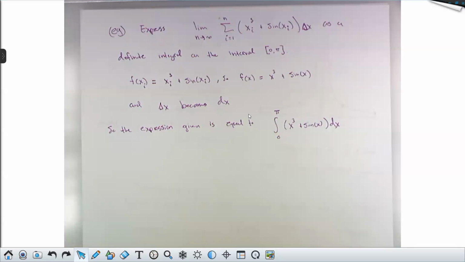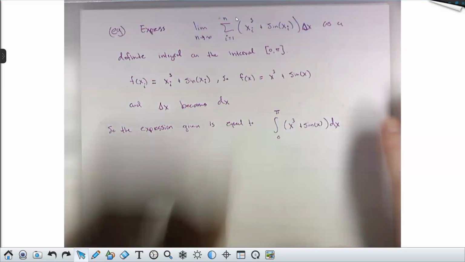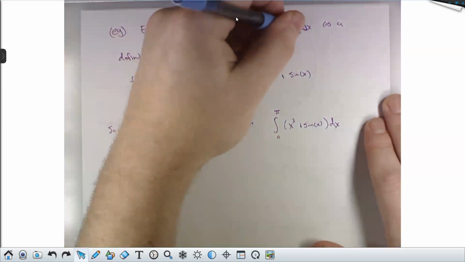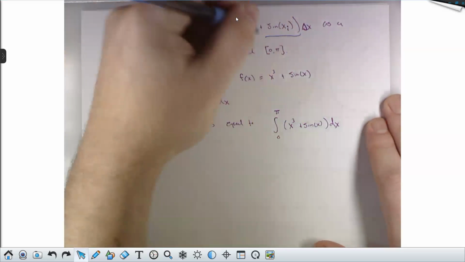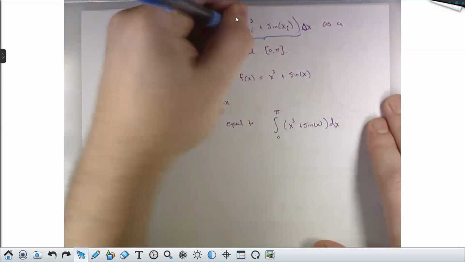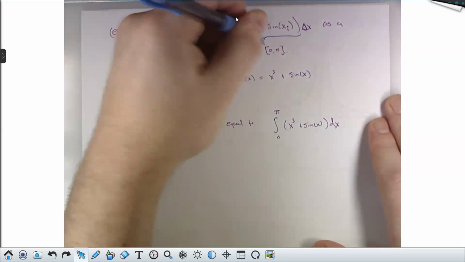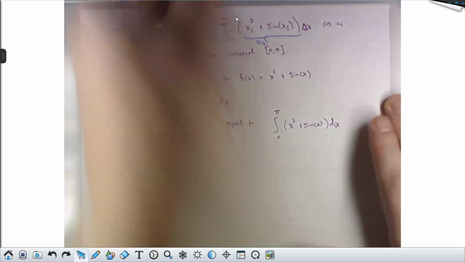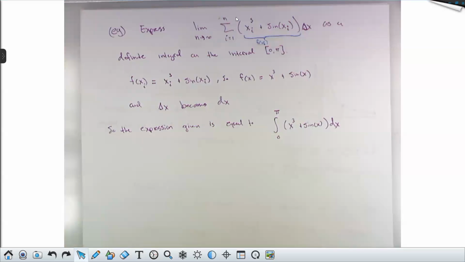Now, soon I will tell you how to solve this integral. Right now, we don't know how. But the problem didn't ask us to solve it. It just asked to write this as an integral. And you should make sure you're comfy with where each piece came from. Remember that this piece is f of xi. That's how our formula for the Riemann sum works, right?